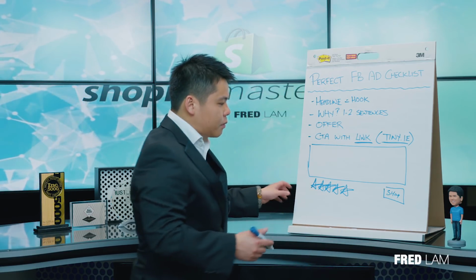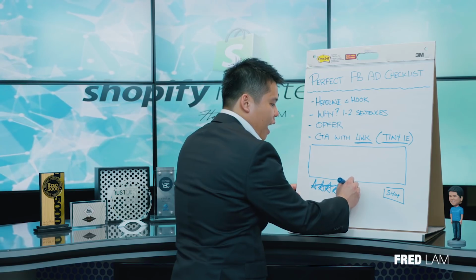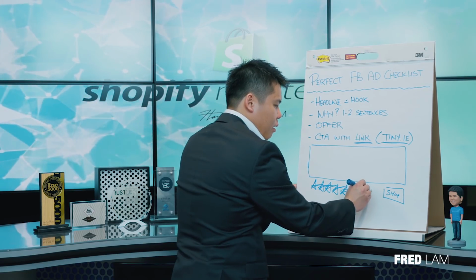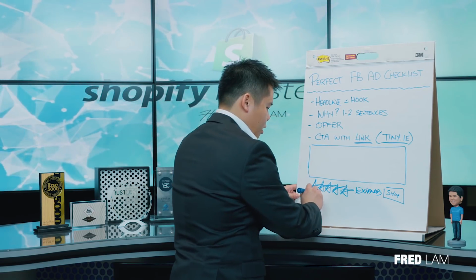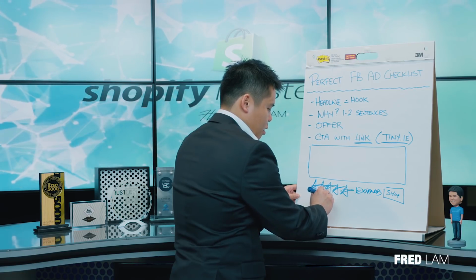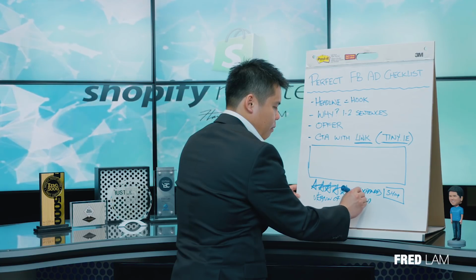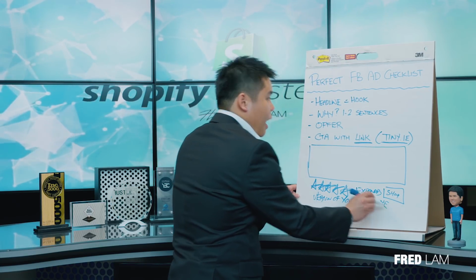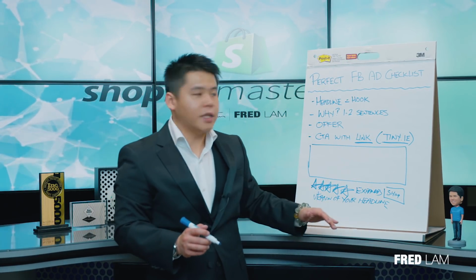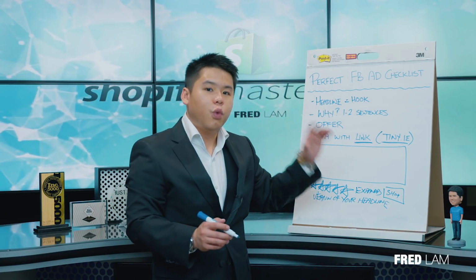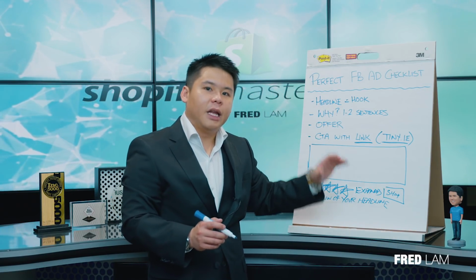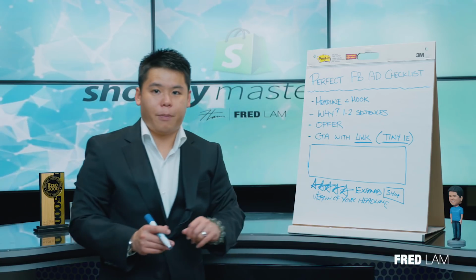Now with that, after you have the 5 stars, you want to have an expanded version of your headline. That's what you want when it comes to running a product ad, an e-commerce ad for Shopify, all right?